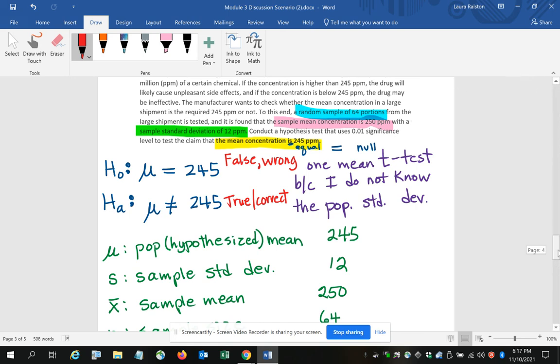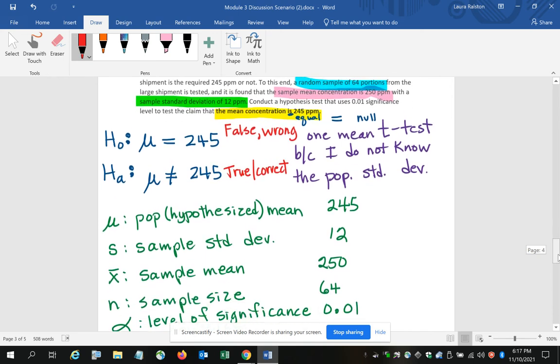So again, when I write my conclusion, I have to write it in terms of the alternative.